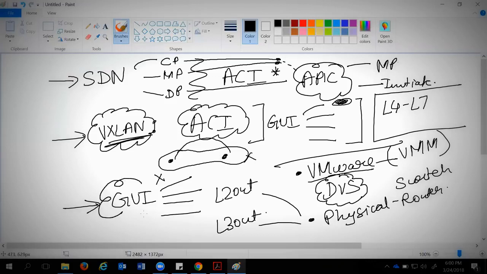Now, obviously, when I'm talking about the GUI level, I'm going to talk about what is the meaning of EPs, what is the meaning of EPGs, and what is the meaning of contracts. These are the major terminologies that you're going to follow a lot, guys, and accordingly we will make any kind of communications. In basic networking, we always say that a VLAN is not communicating to another VLAN.